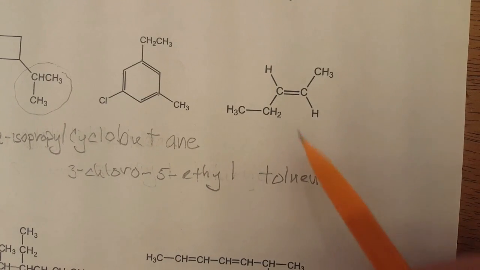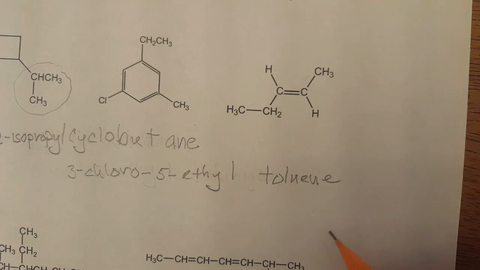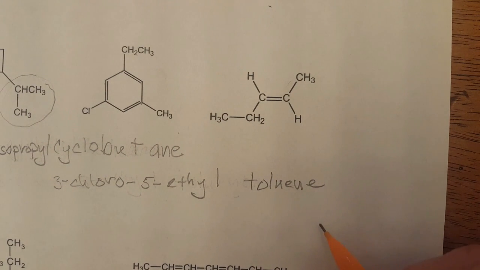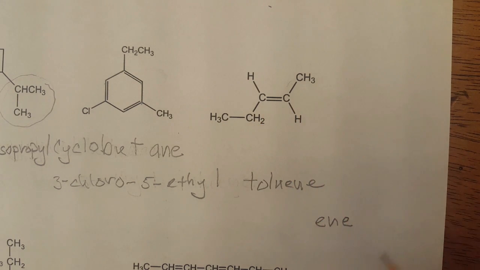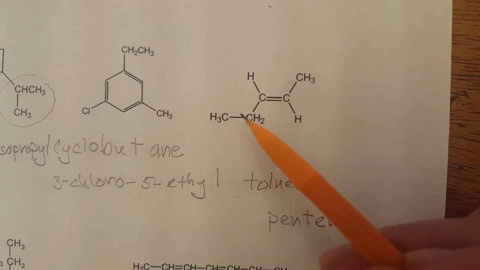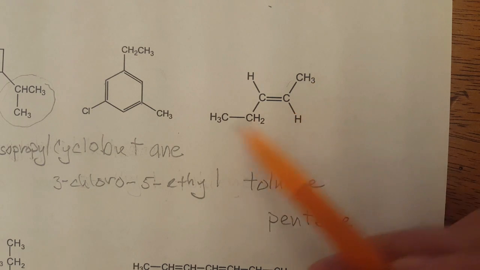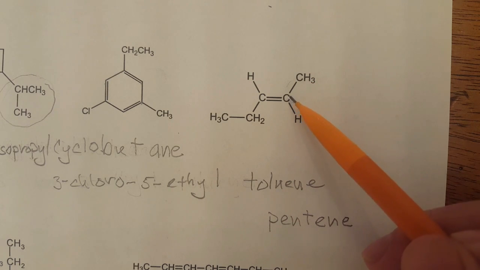All right, let's go with this compound. It's got a double bond, so it's going to end in -ene. The longest chain is 1, 2, 3, 4, 5. So it's going to be a pentene. Now we could number it 1, 2, 3, 4, 5, or 1, 2, 3, 4, 5. We're going to number it in this direction because we get to the double bond sooner by going in this direction.